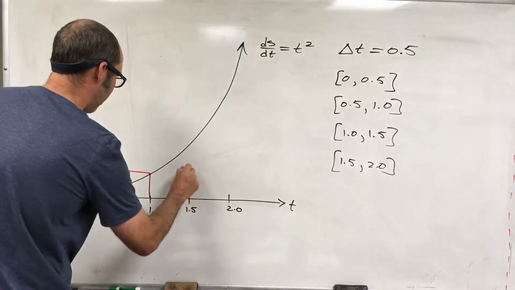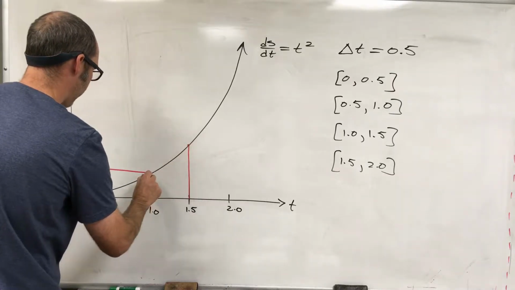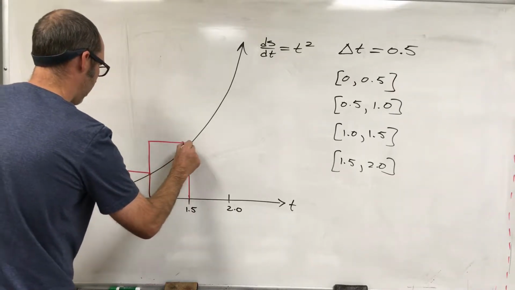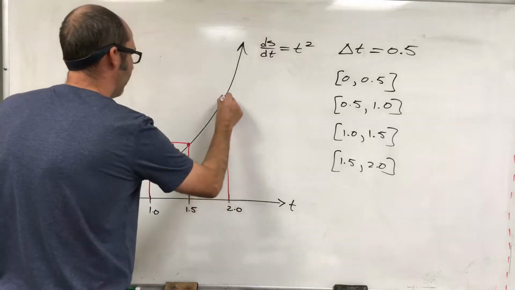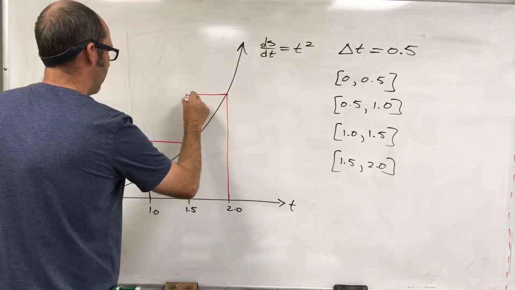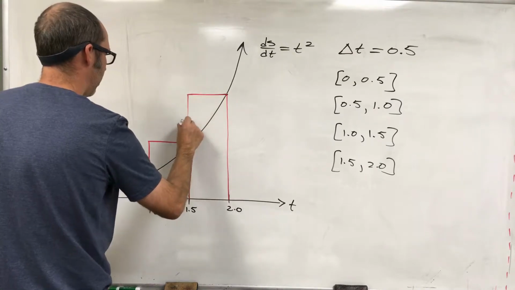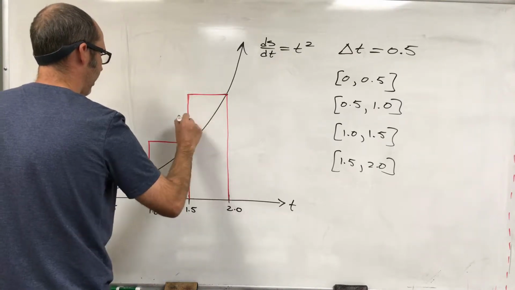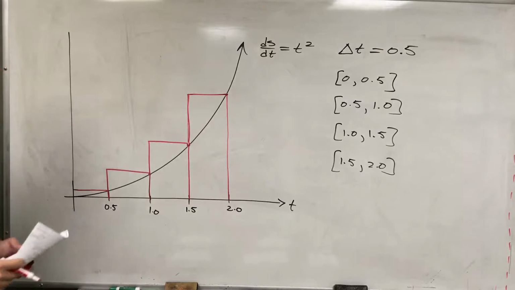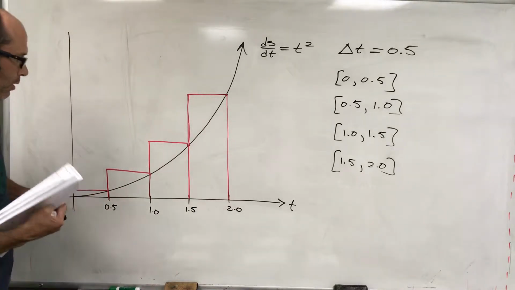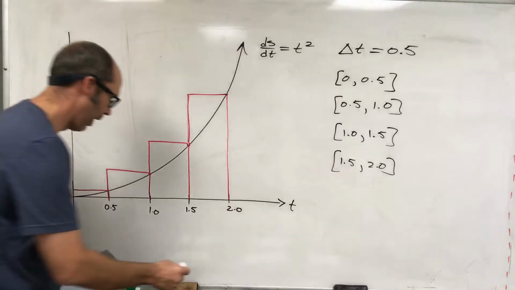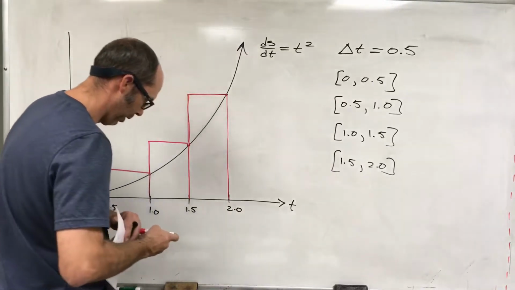My third rectangle is that rectangle there. And my fourth rectangle is that rectangle there. Now, when we compute the area of these 4 rectangles, you can see that this is in fact an overestimate of what we're actually trying to approximate.